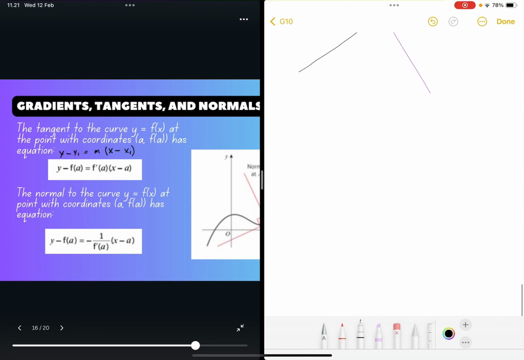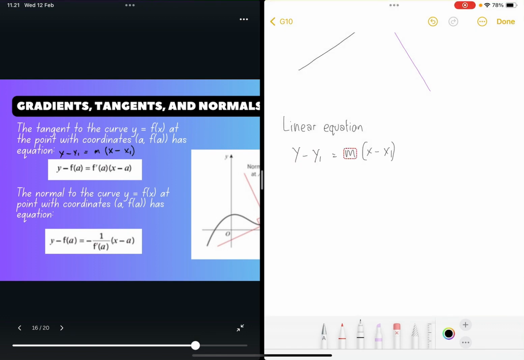If you still remember the linear equation, how do we create the linear equation if we know one point only? Remember this formula: y minus y1 equals m times x minus x1.